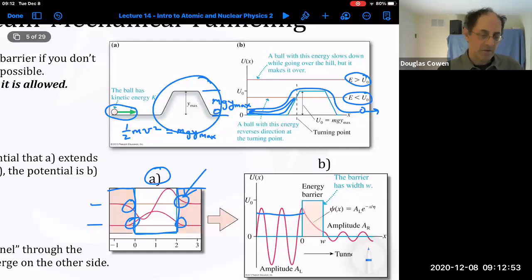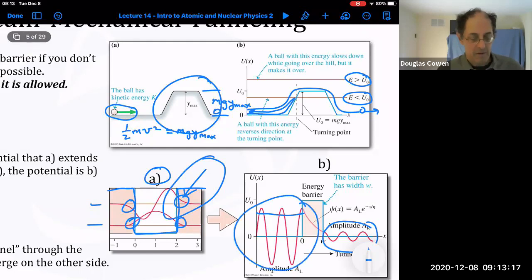And so the question is, can this particle get through the barrier? We know it can enter the barrier a little bit based on what we saw with the finite potential well. But the question is, can it get through to the other side where its potential energy will again be zero, just like it was in this region here. But now, once it's got through that barrier, it's a free particle.